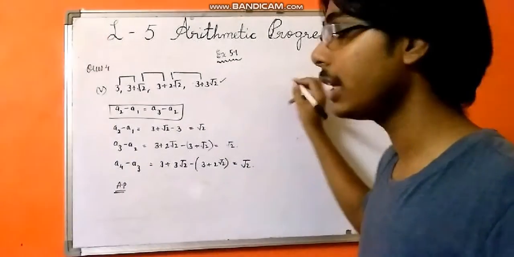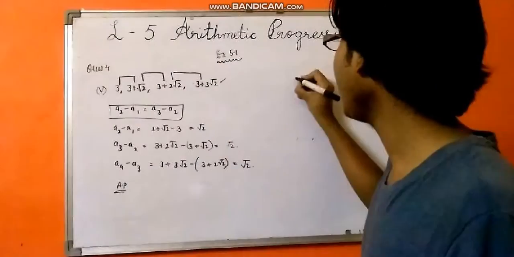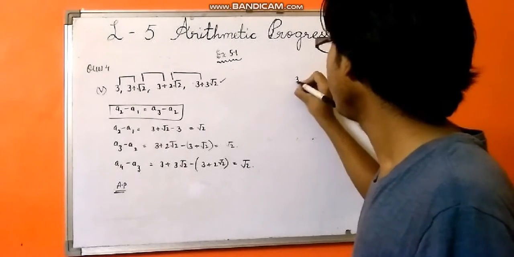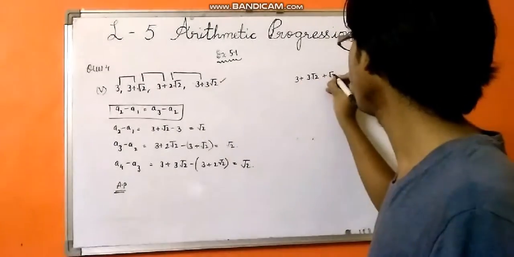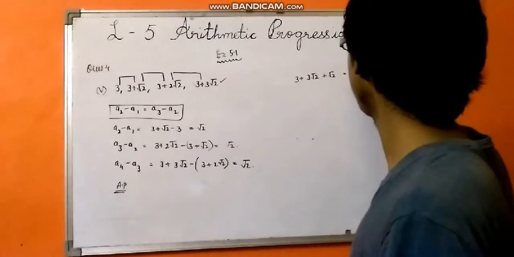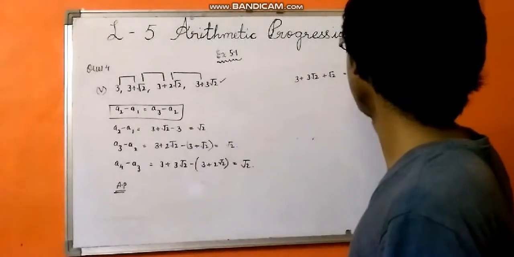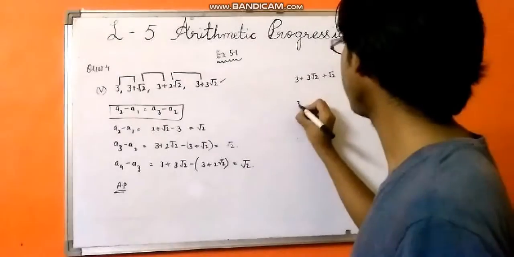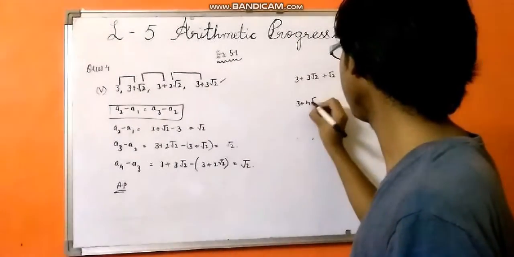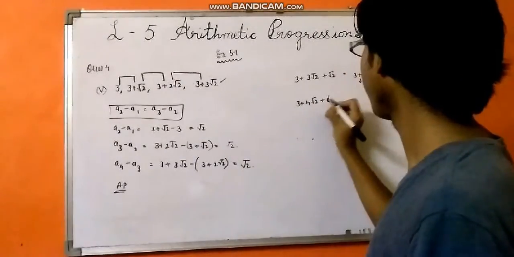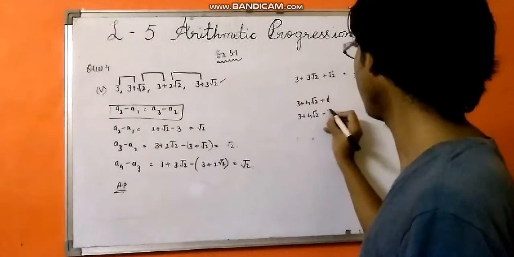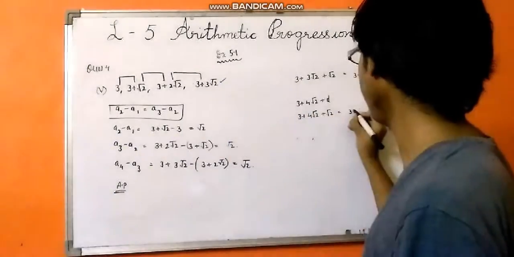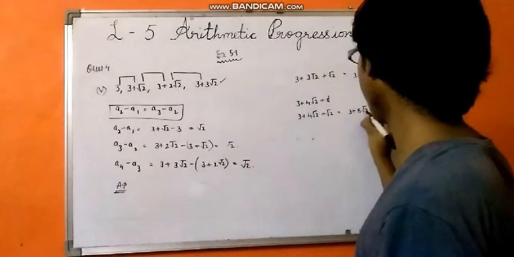This is the current term now, so we will consider a, 3 plus 3 root 2. We'll add the common difference, which is root 2. We get the next term as 3 plus 4 root 2. Now this is the current term, so 3 plus 4 root 2 plus d, which is 3 plus 4 root 2 plus root 2, which is equal to 3 plus 5 root 2.